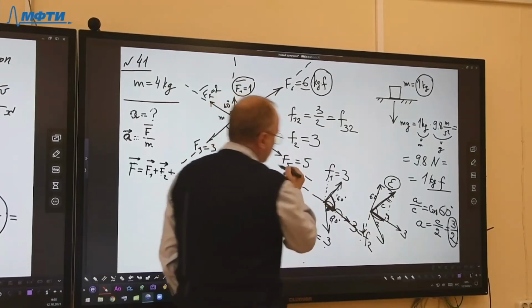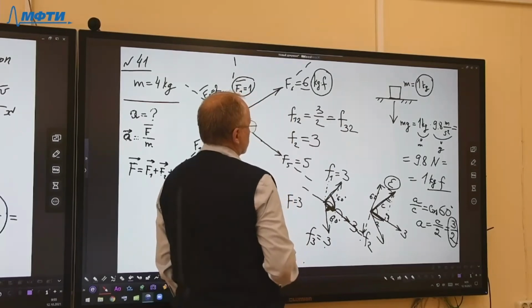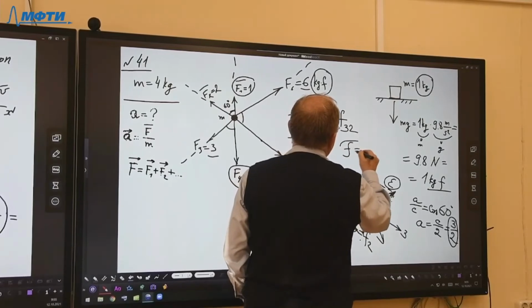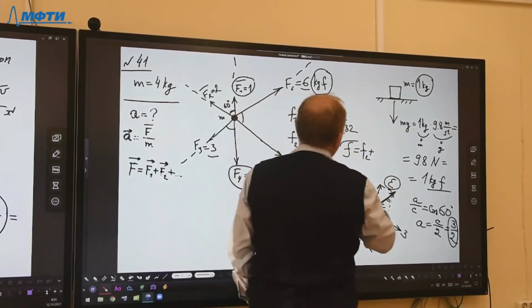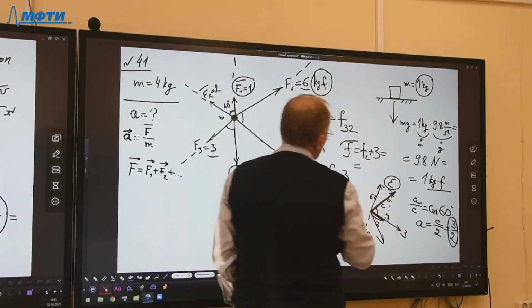So the total force acting in this direction, let me denote it by F, will be F2 plus all the components which are written here, that is plus 3, and that will be equal to 6.